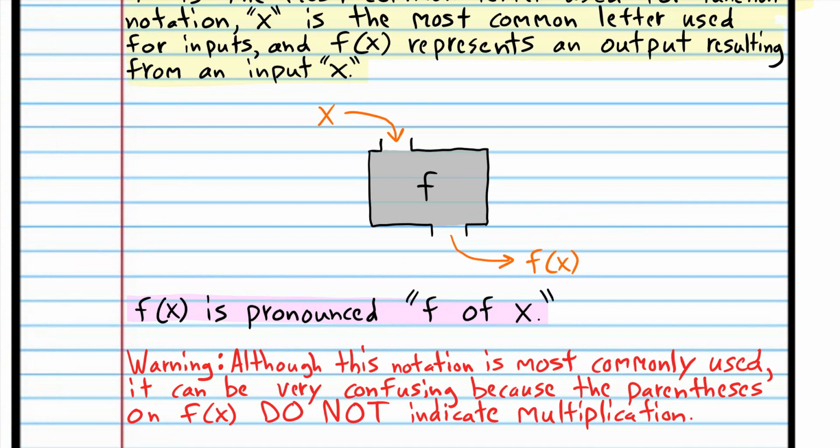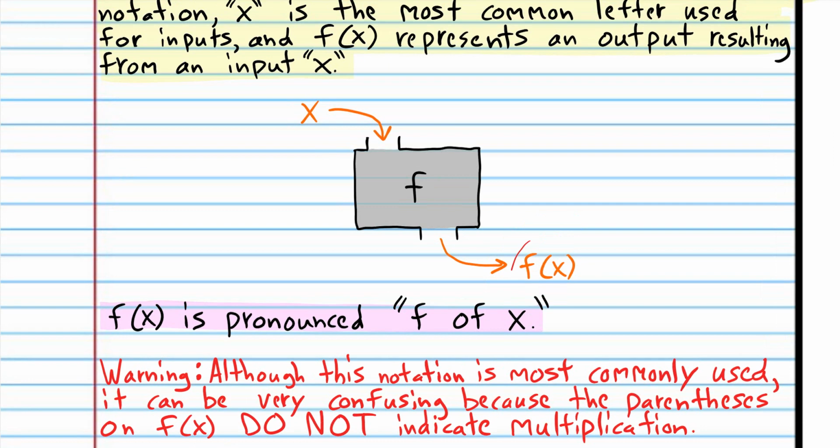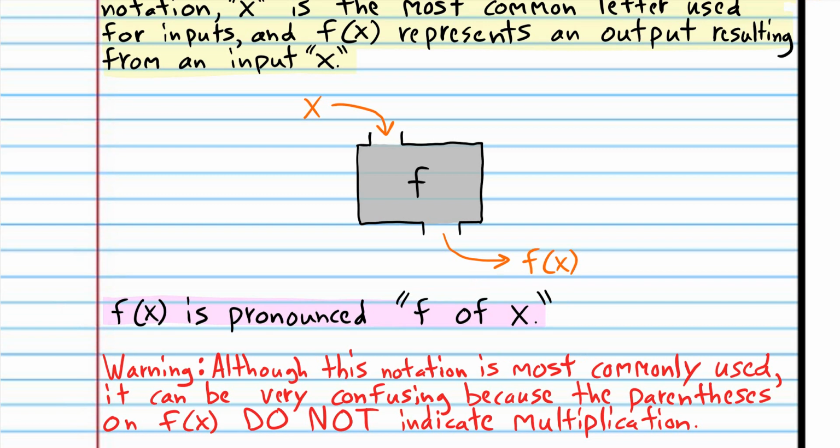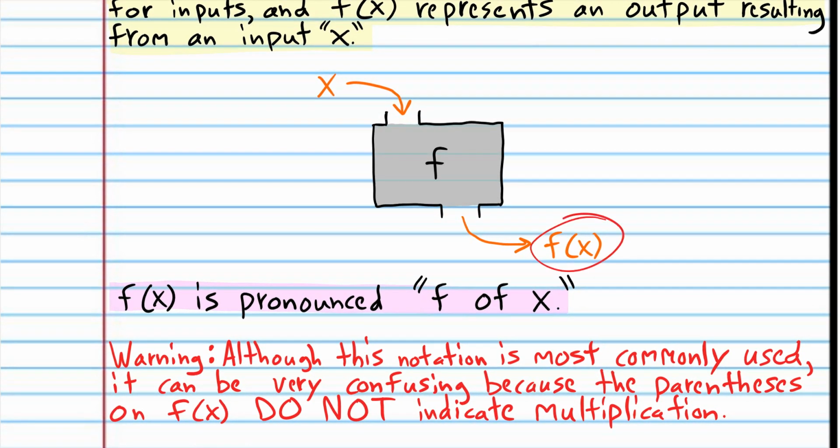When we write the output in this form, it tells us what the function is that we used, and it tells us the input, and this expression represents the output itself. So this is very, very confusing. Again, this expression represents the output when we plug in x as our input into the function f.